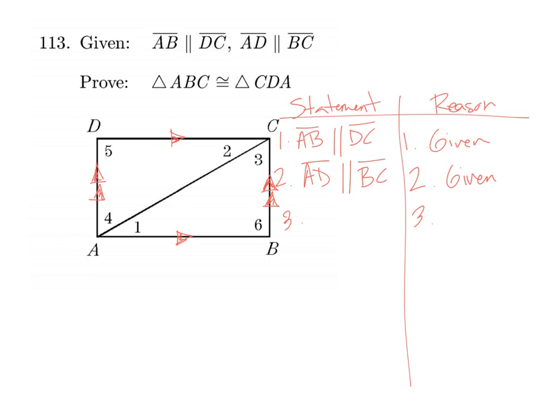Okay, and let's see what I could do now. I know that these angles are congruent. These are alternate interior angles. And then I have these angles are congruent.